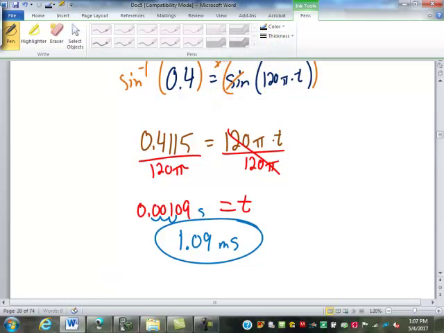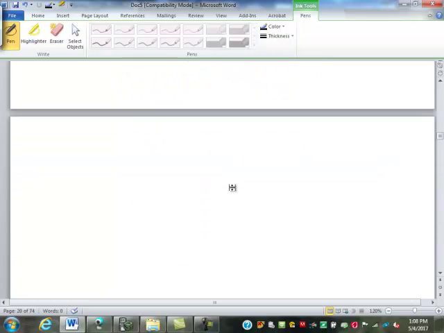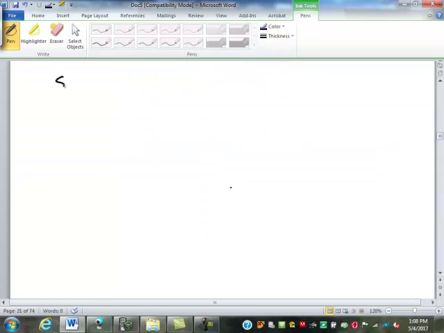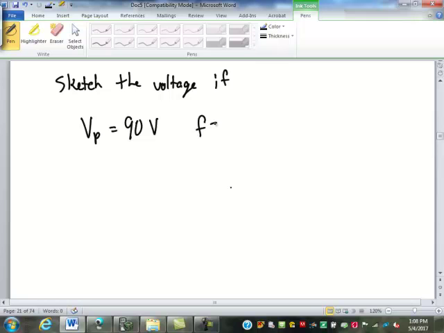Last thing I'll show you, then I'll let you guys head out and get to work. Sketch the voltage if voltage peak equals 90 volts and frequency equals 40 hertz.